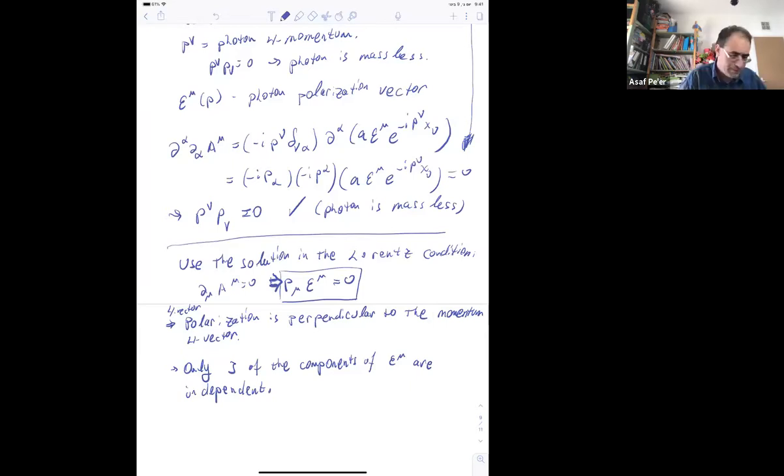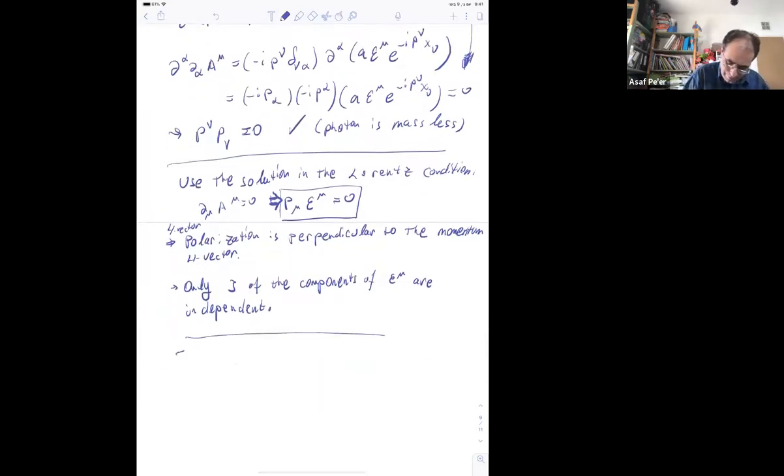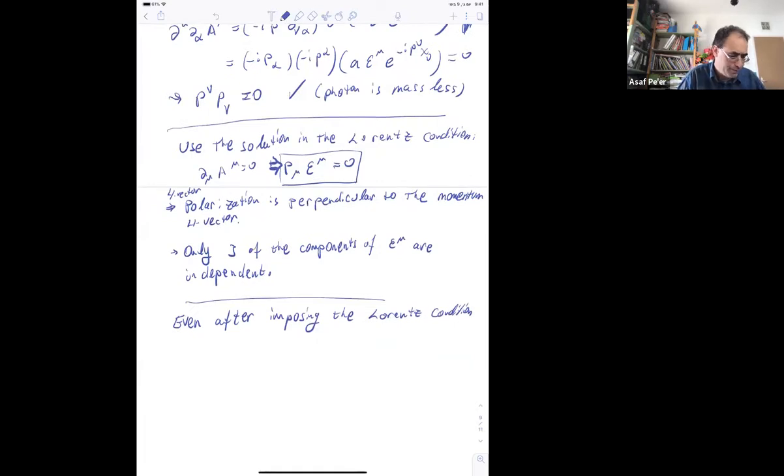So even after imposing the Lorentz condition, we still have a freedom. We can still make one more gauge transformation.